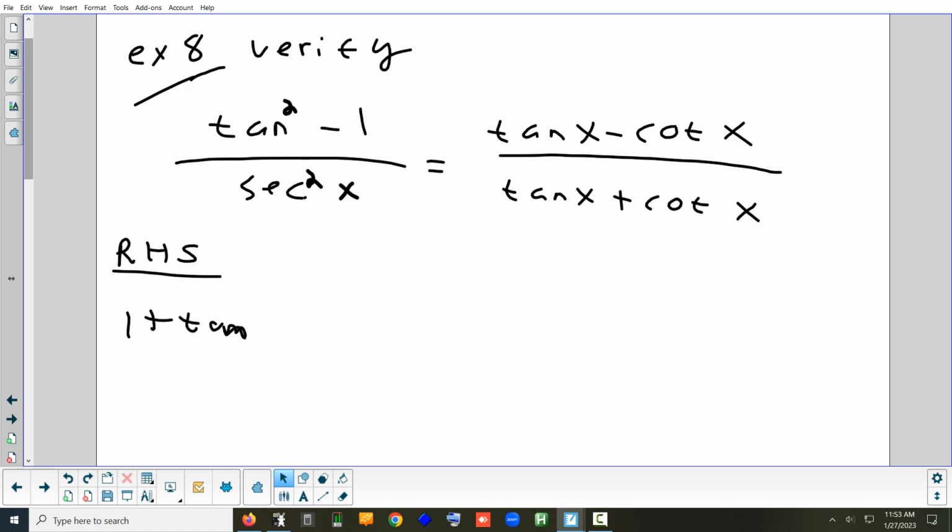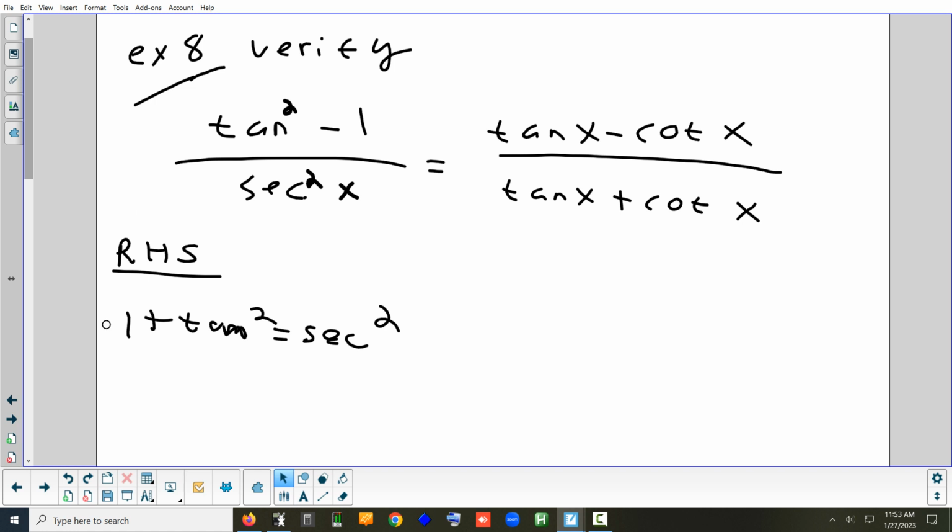So then tangent squared minus 1 is nothing. If that was a plus sign, then this whole problem would be done in one step. Oh wait, because those are all just one.